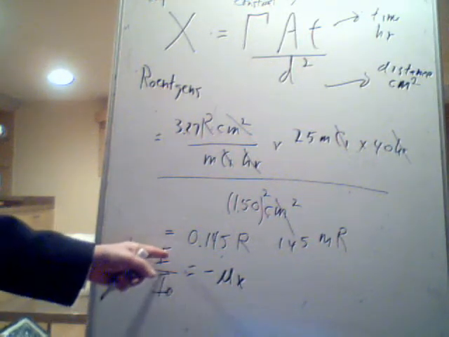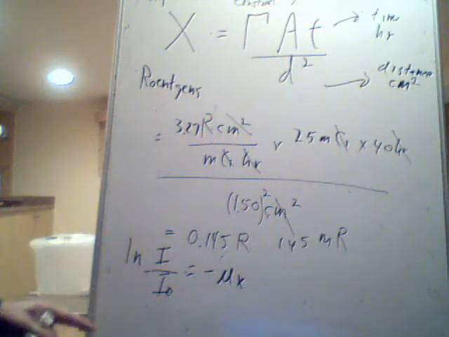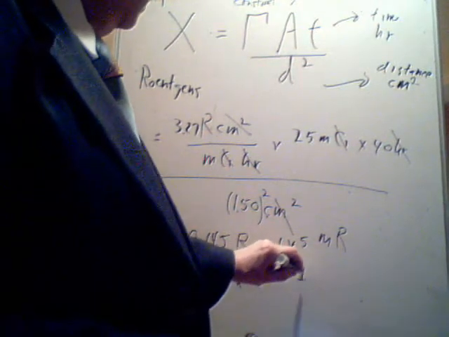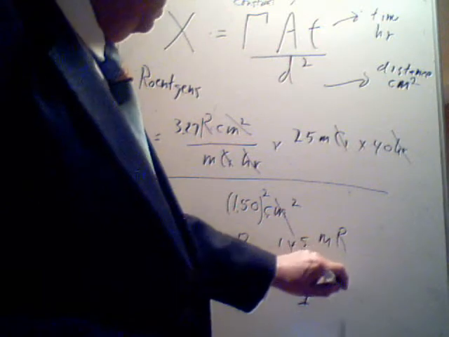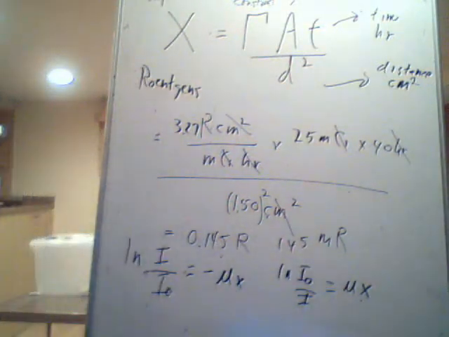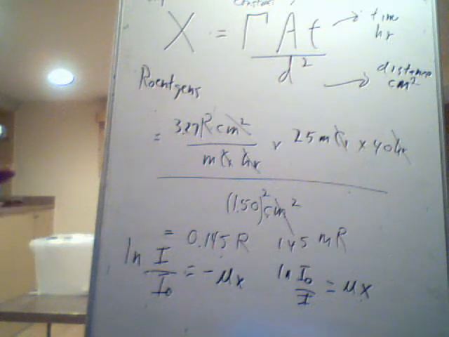If we put I0 over I instead of I over I0 as we did in chapter 5, we can say that the ln of I0 over I is equal to mu x. Once we flip this over, we get rid of the negative sign, and this is shown on page 209. Then we can substitute in our I0 and I values.